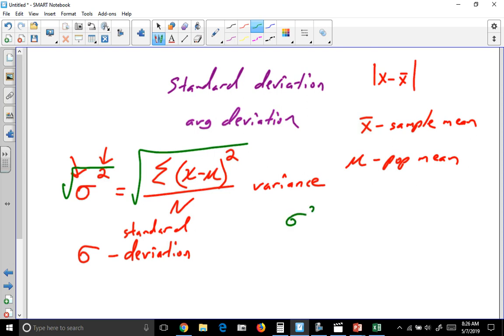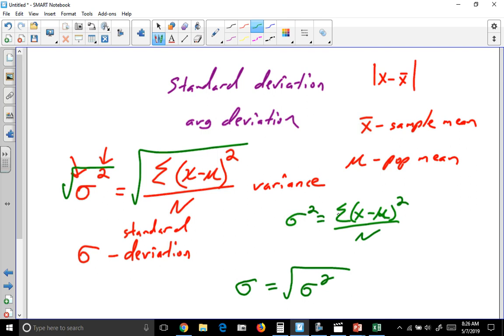So the variance is just the deviations squared, added up, divided by n, and then the standard deviation is the square root of that. Whatever we get for that calculation, we just take the square root of it.